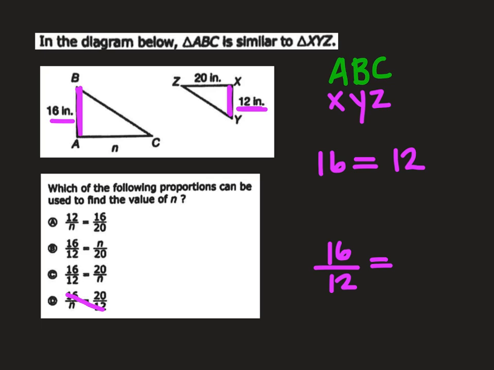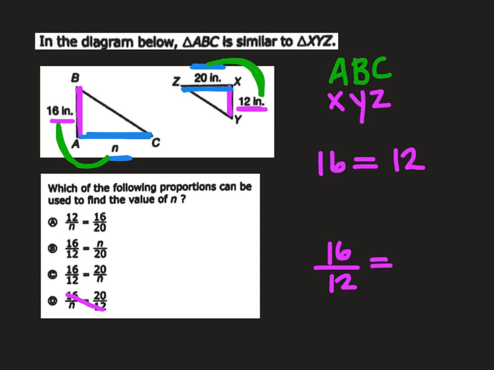When I get ready to look at the other side, AC is supposed to match with XZ. So I have the letter N and I have the number 20. When you look at the side of the shape, 16 and N need to be matched up together, and 20 and 12 also need to be matched up together.